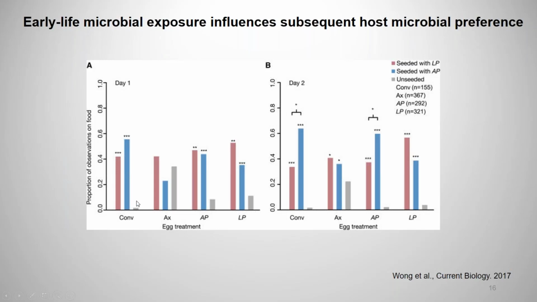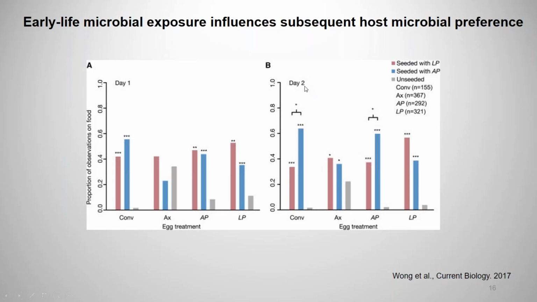The germ-free eggs, however, do not have the same behavioral output. You can see that they go more randomly over and seek out different food, suggesting that the microbiome in the early exposure on the eggs and larvae really plays a role in modulating how they perceive Acetobacter and Lactobacillus.